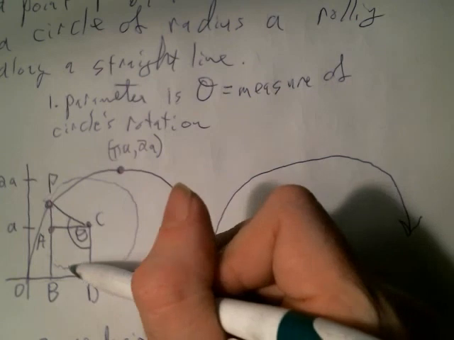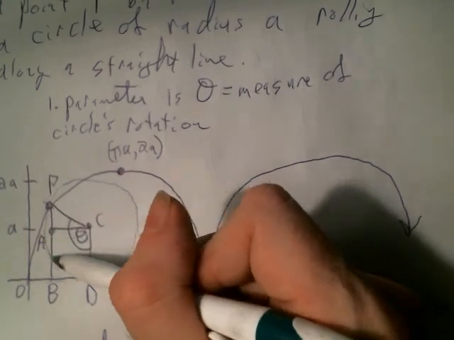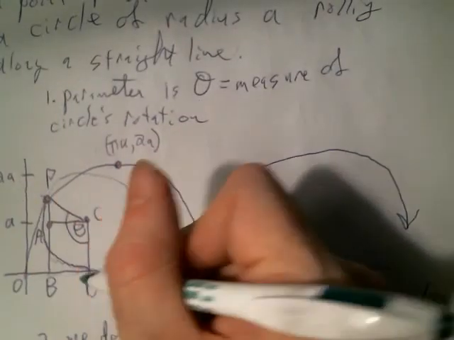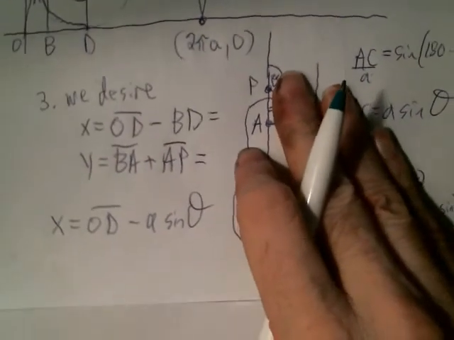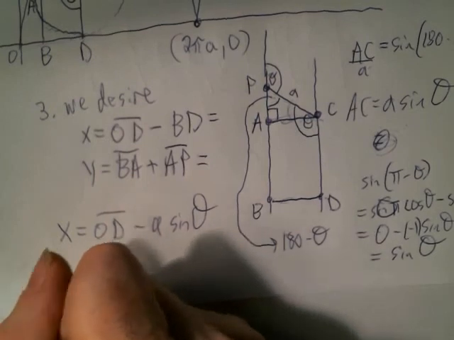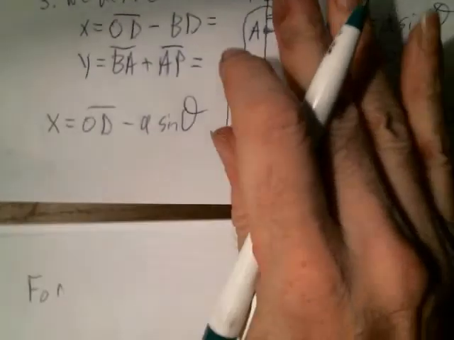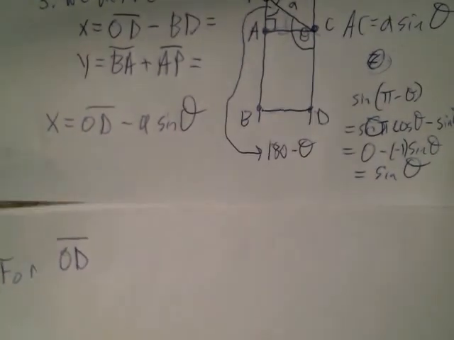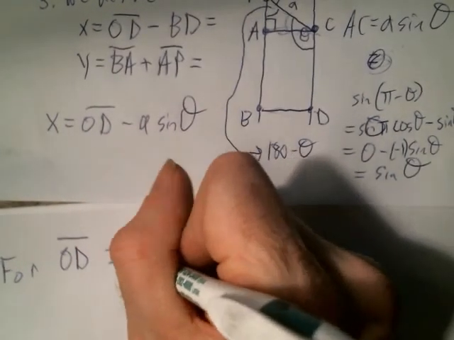So if I can find the arc length of this portion of the circle, I've found the distance from O to D. So for OD, I need that arc length formula.